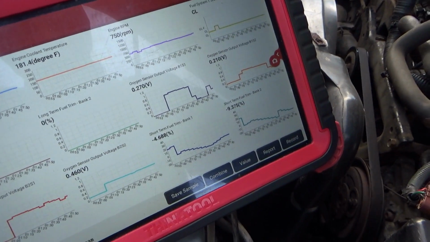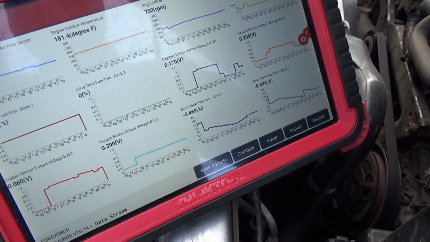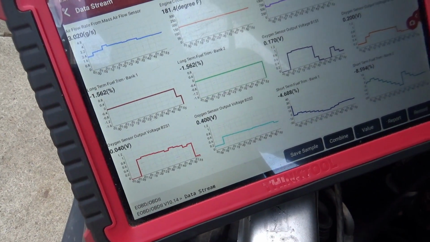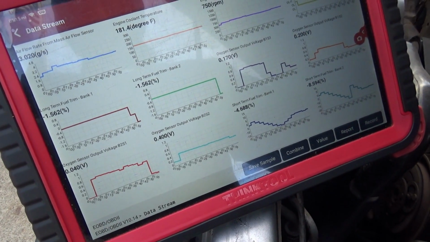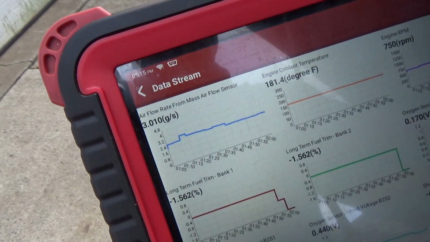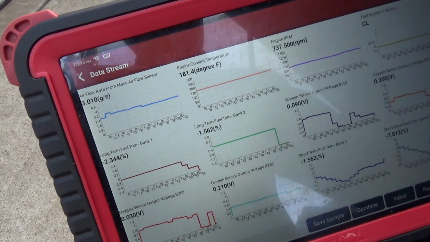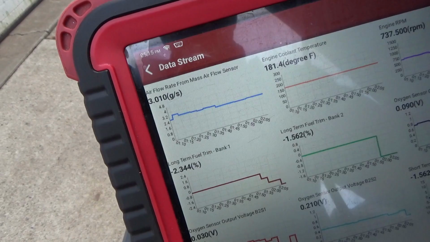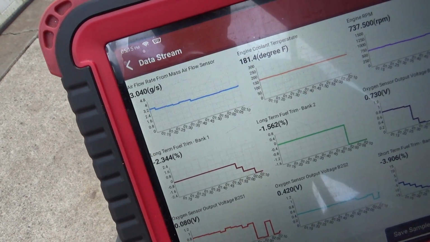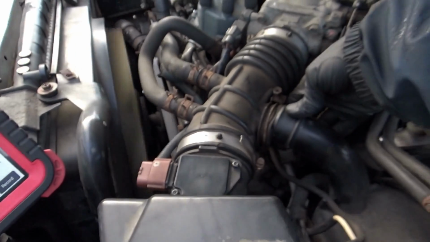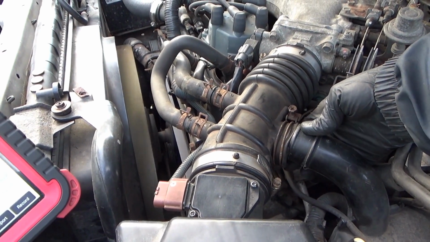Got -4, -9. See the oxygen sensor? It's actually responding now. So 3 grams per second is its favorite hot idle reading. Not 3.5, not 4, 3.0. It's a small metered air leak right there.